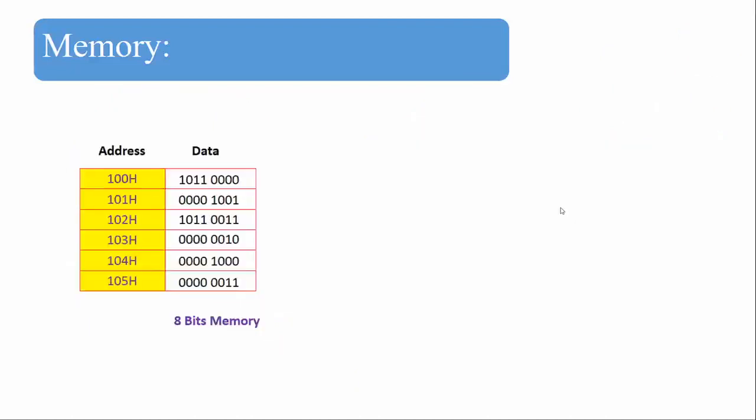So now I should write this: in the memory, each address stores 1 byte of data.